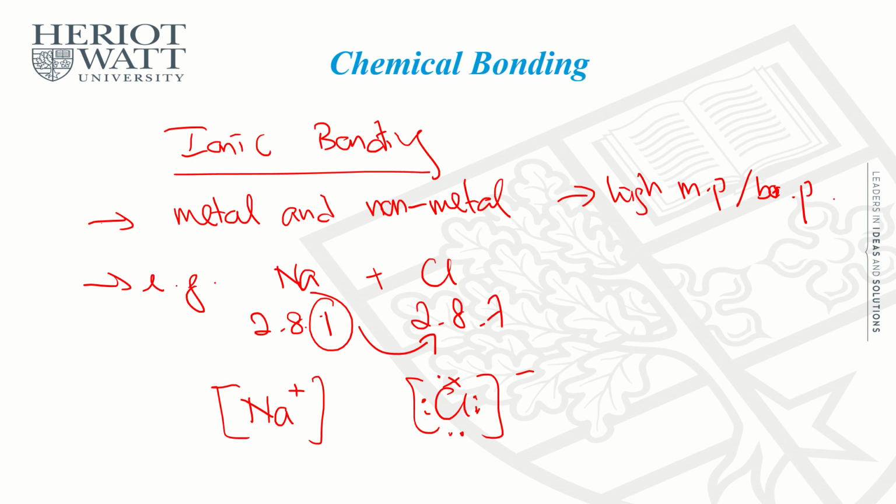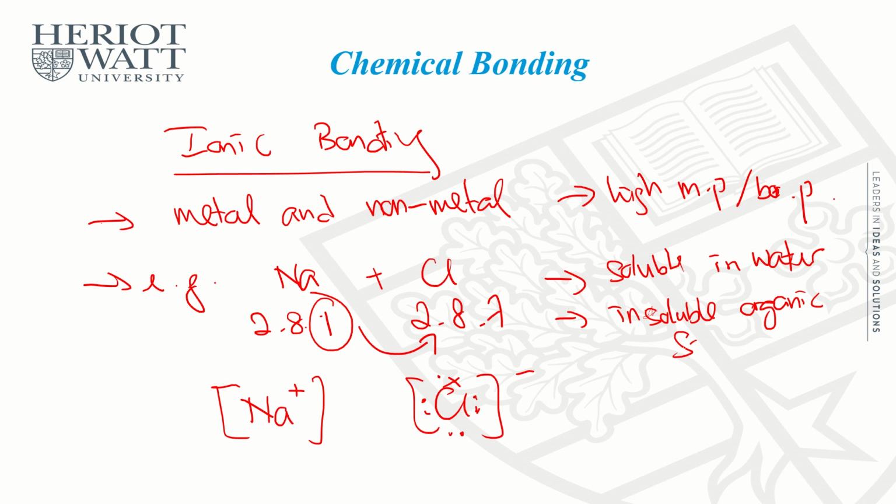Why? Because of the strong ionic bond, or the strong electrostatic forces between positive and negative ions. Ionic compounds are usually soluble in water, but insoluble in organic solvents. Why?